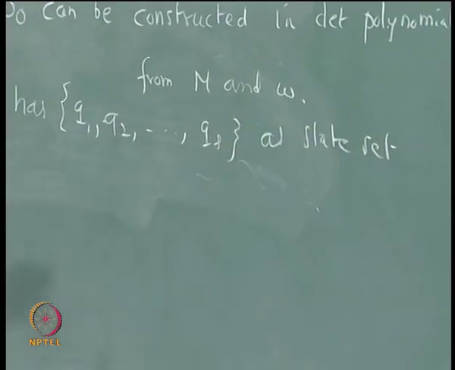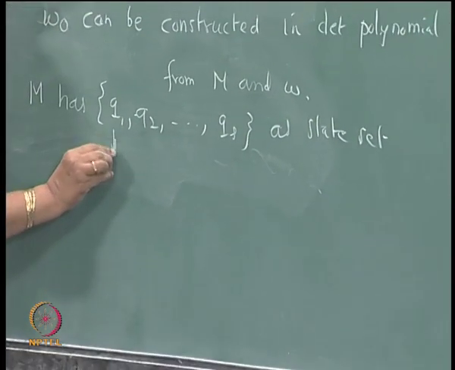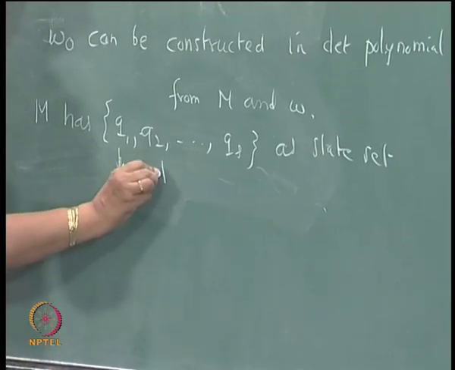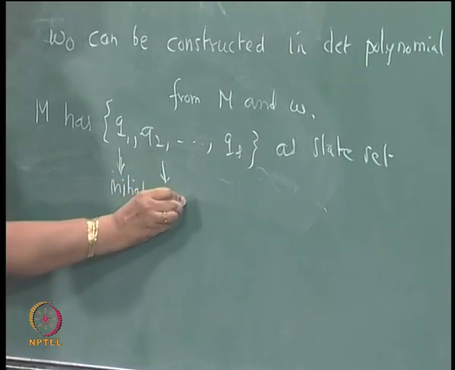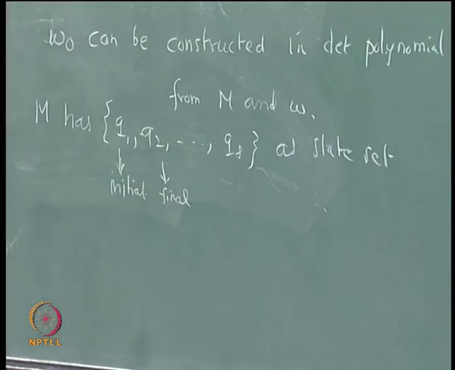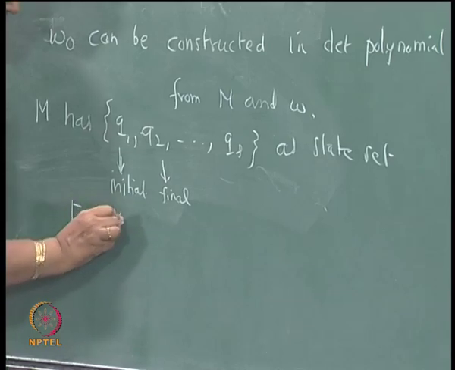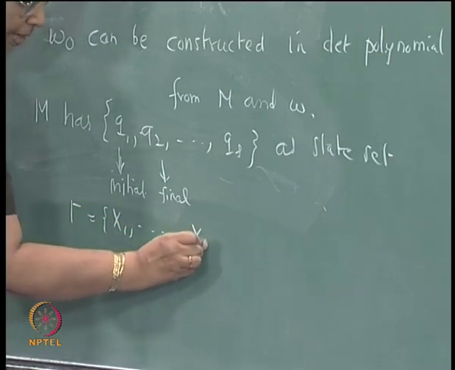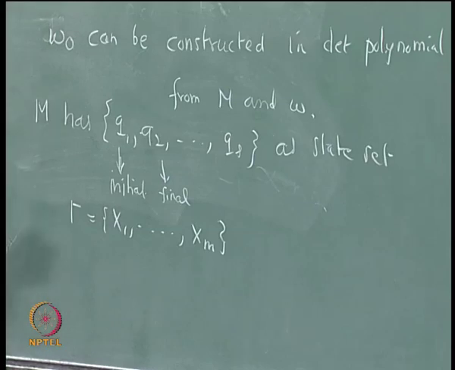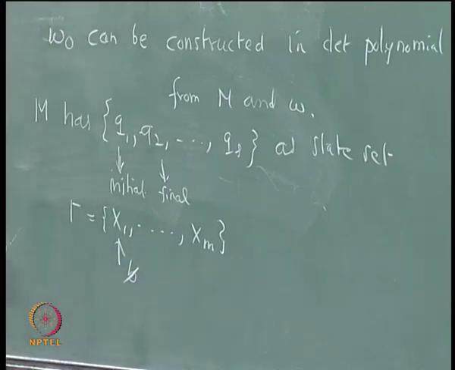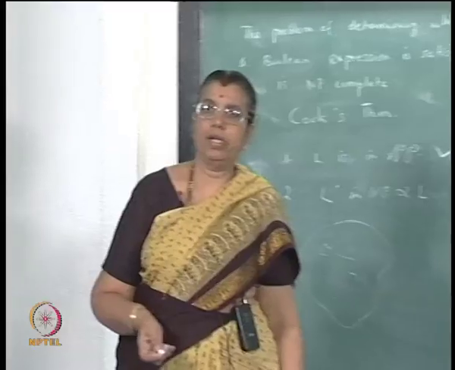This is the set of states, and this is the initial state and this is the final state. Without loss of generality you can assume that. Then the alphabet gamma is X1, X2, up to Xm, m symbols in the tape alphabet, and the first symbol you can take as the blank symbol. One of them you have to take as blank, it does not matter which one.